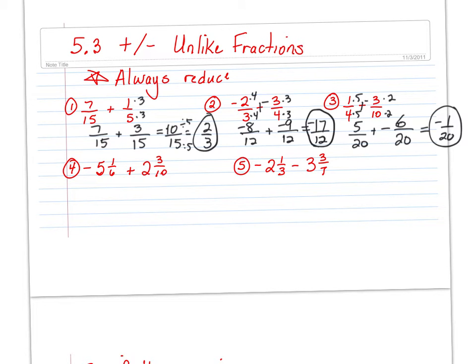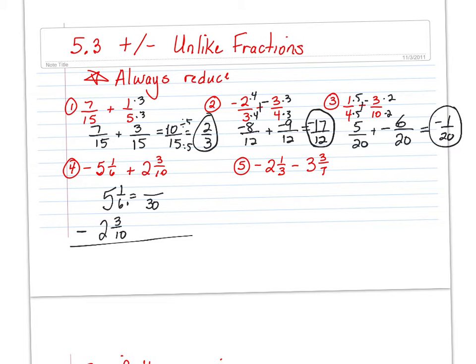When you get into mixed numbers like number 4, I leave them as mixed numbers. I think it's easier that way. We're going to subtract the 5 and 1/6 goes on top, and we're going to subtract the 2 and 3/10. The common denominator is going to be, what, 30?